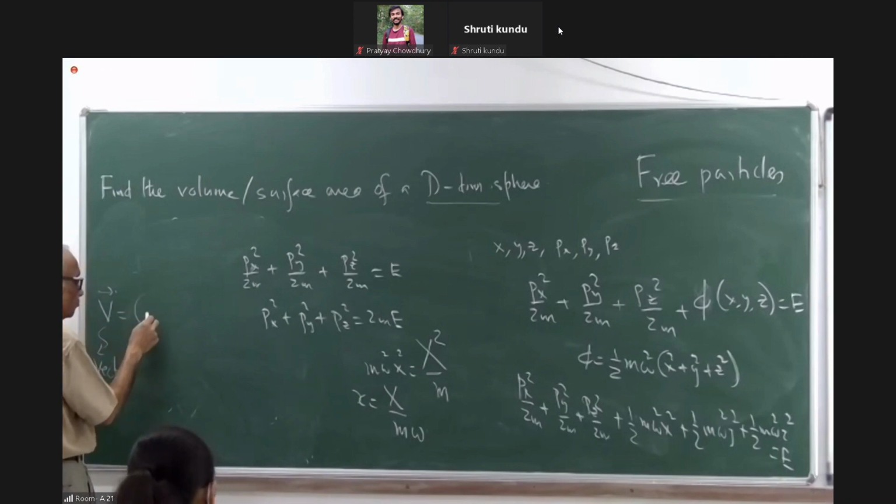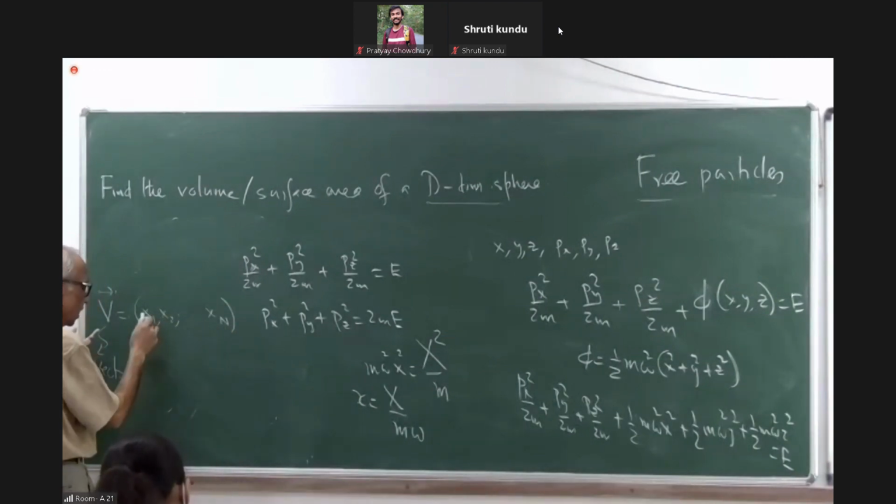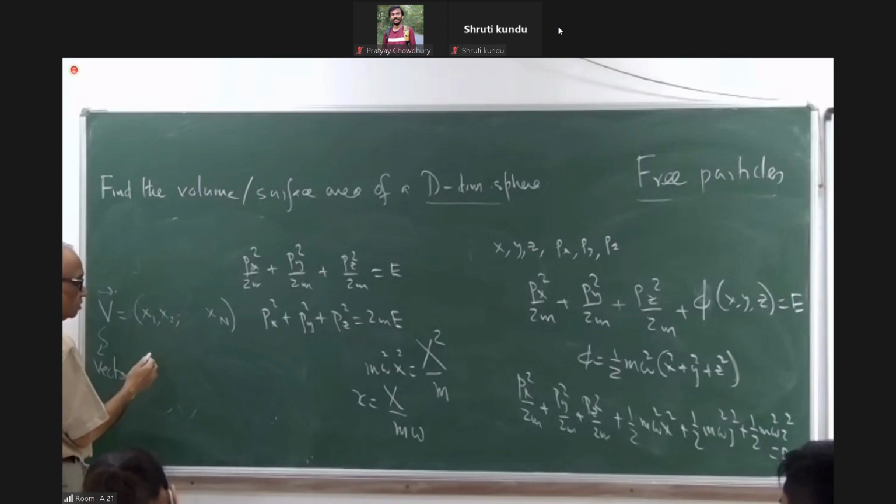A vector V is a quantity which has components x1, x2, up to xn, and that defines an n-dimensional vector.